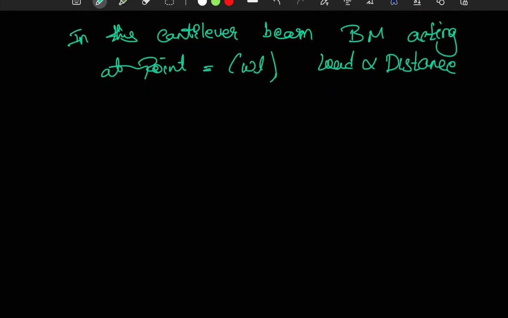To draw the shear force and bending moment diagram, the cantilever has a free end.